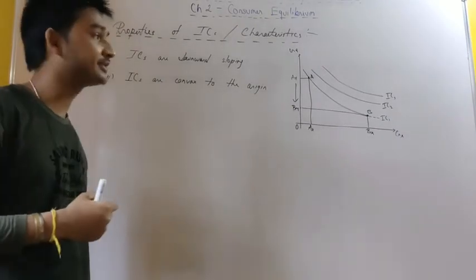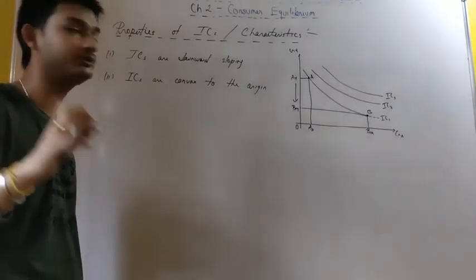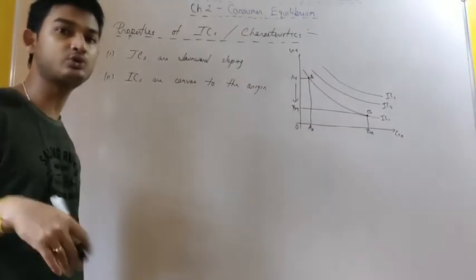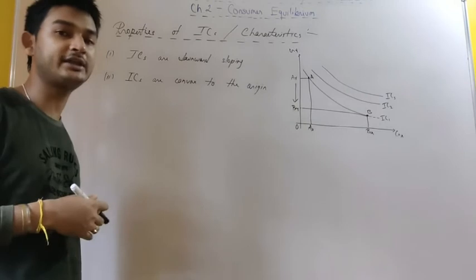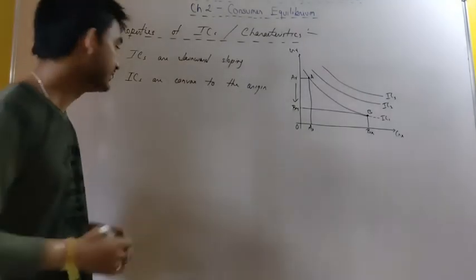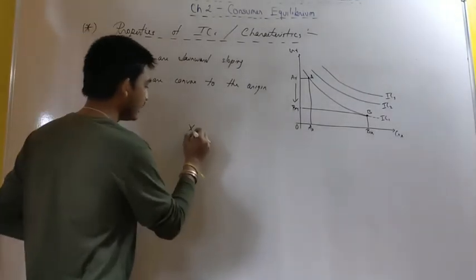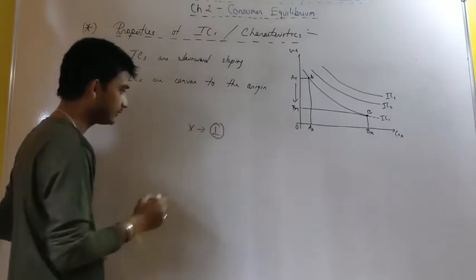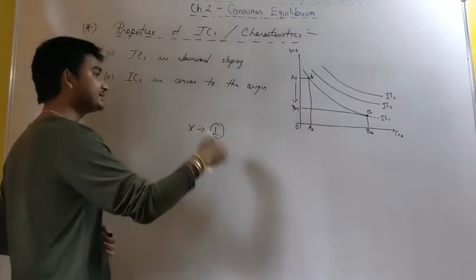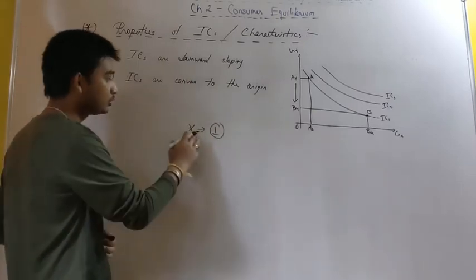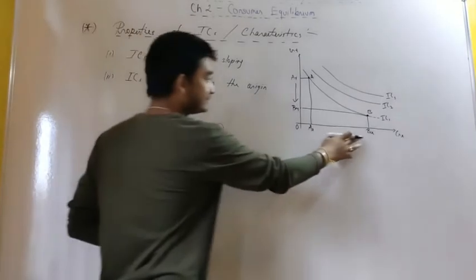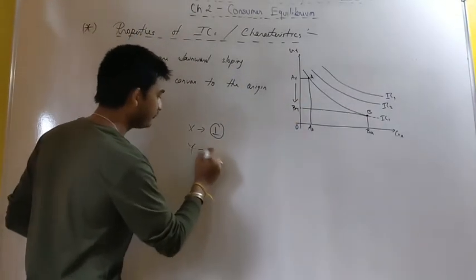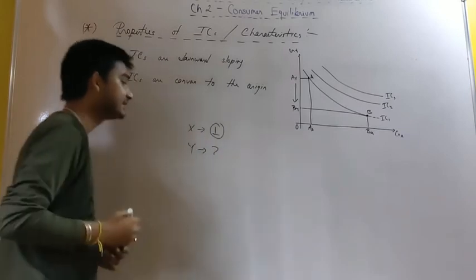The marginal rate of substitution, I have given you a small idea, is the amount sacrificed in order to consume one more extra unit of any other good. Say suppose I want to consume one more extra unit of good X. We have already learned that to consume more of good X, we have to sacrifice good Y. So how much of Y will we be sacrificing?